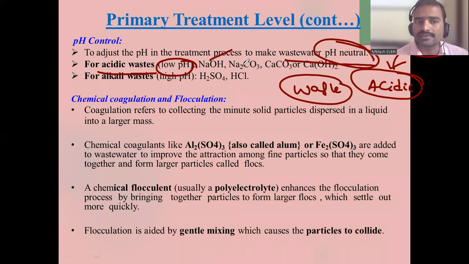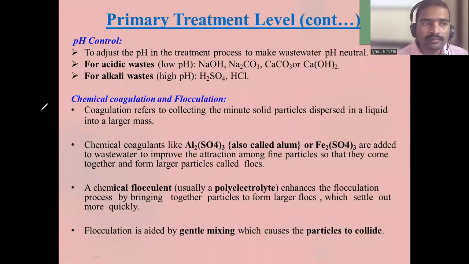Sodium hydroxide is a base. Also Na2CO3, calcium carbonate, sodium carbonate, sodium hydroxide. All these are bases that should be added. If your waste is alkaline, which means it is in base condition with high pH, more than 7, then you have to add acids. H2SO4, that is sulfuric acid, and also hydrochloric acid. Is it clear?